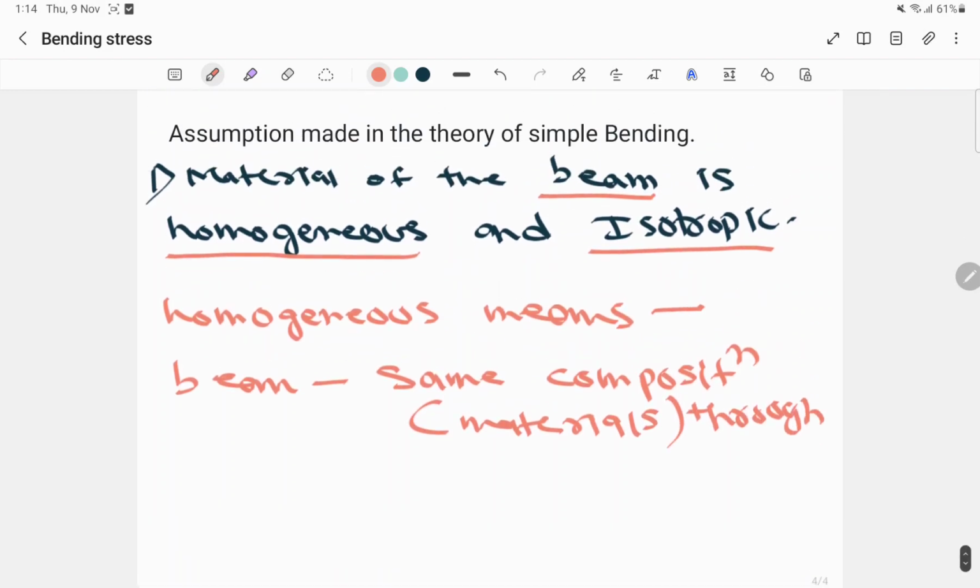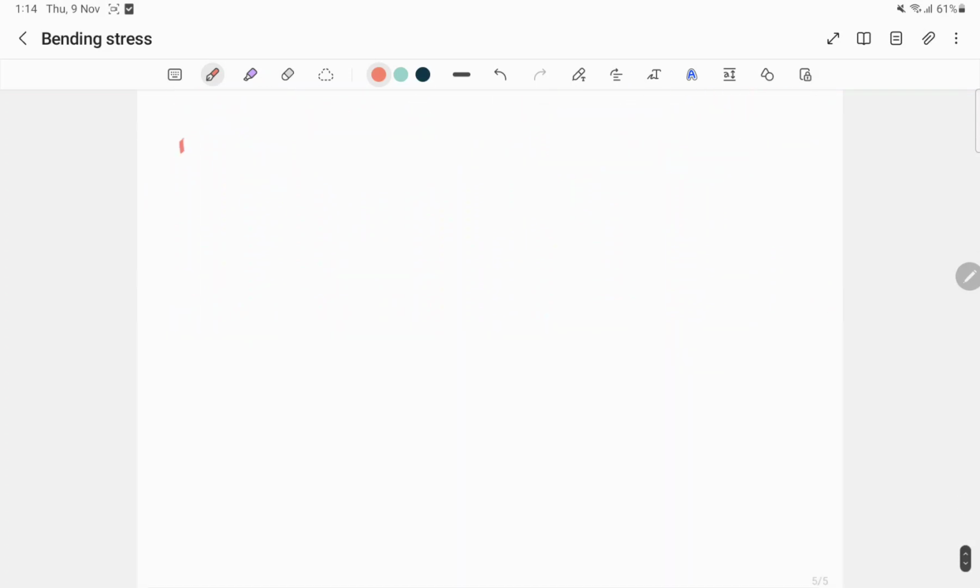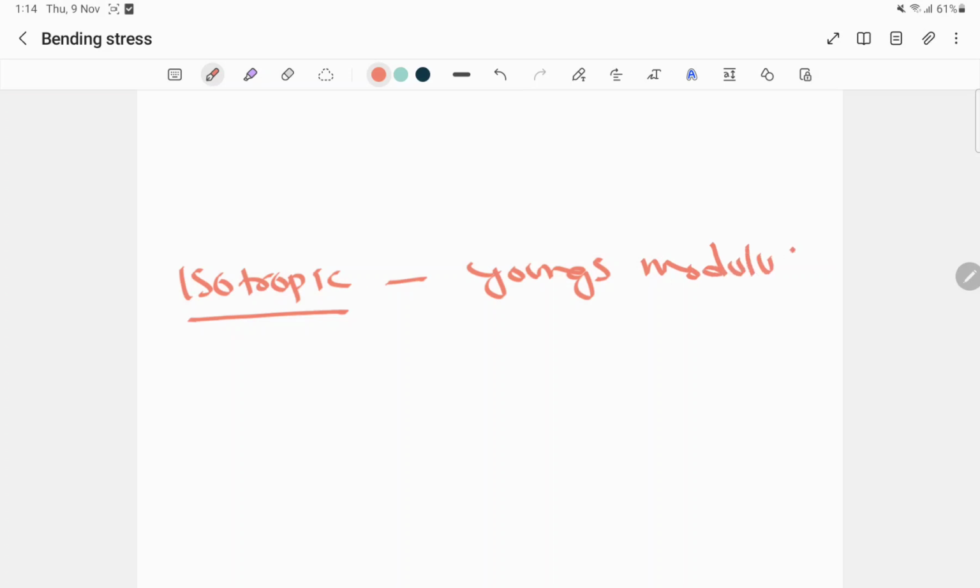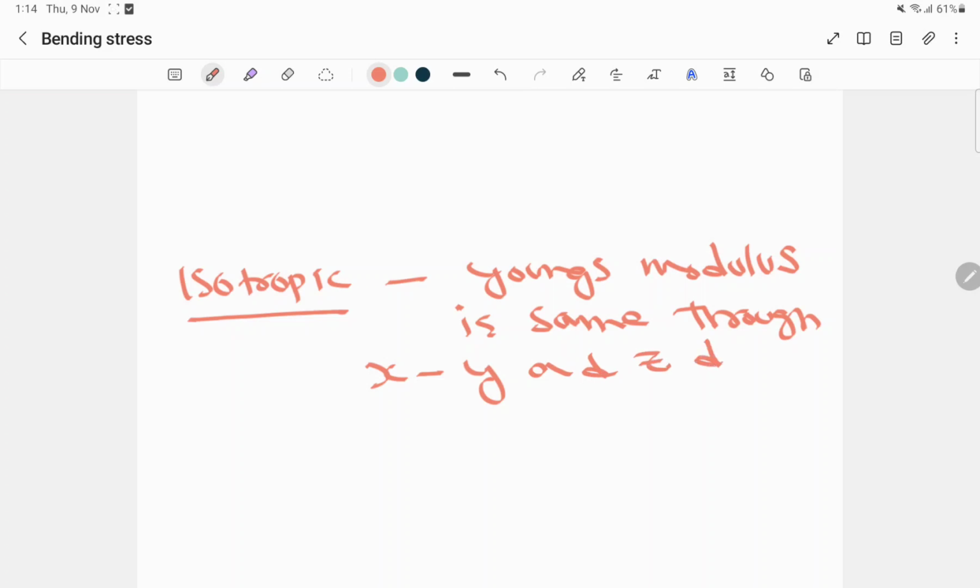And isotropic means here the Young's modulus is the same throughout. Throughout means along x, y and z direction.